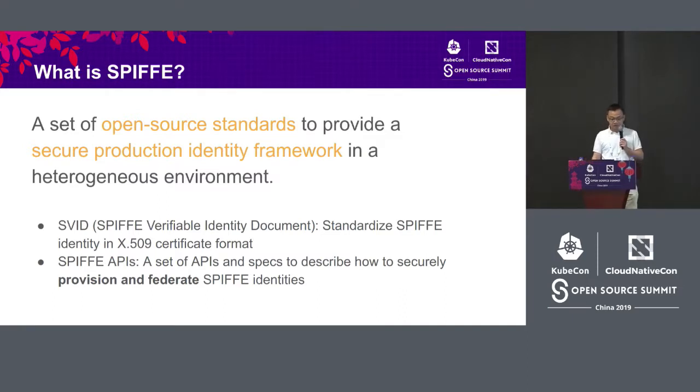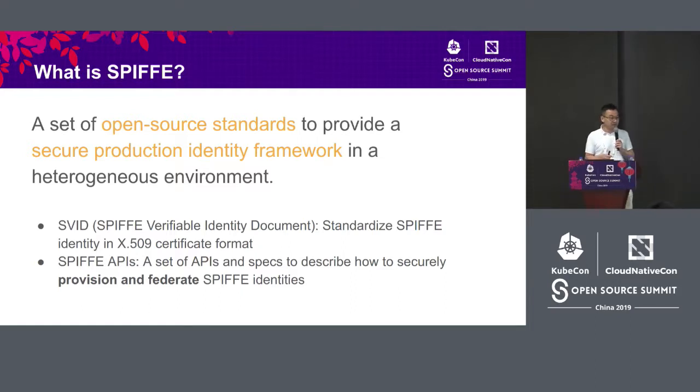Next is SPIFFE. SPIFFE is basically a set of open source standards that help you build a secure production identity framework in a heterogeneous environment like Istio, like VM, Kubernetes, on-prem, and other environments. SPIFFE standards include two parts.